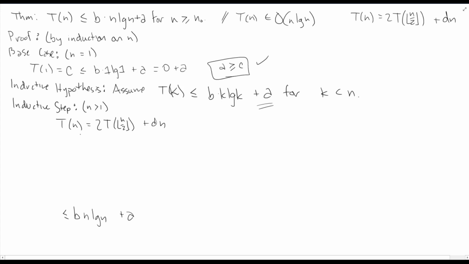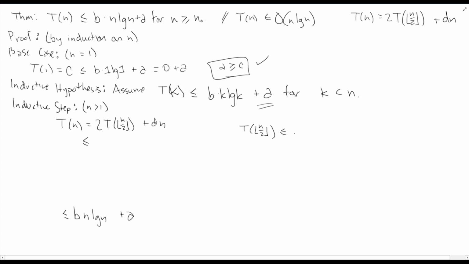Okay, so let's once again carry out our inductive step by, well, the first step we did here already by writing down the definition. So the second step is to apply our inductive hypothesis. Again, when it gets a little tricky like this, we might want to say, well, what is t of the floor of n over 2 really going to be less than or equal to? We get to approximate it out here.